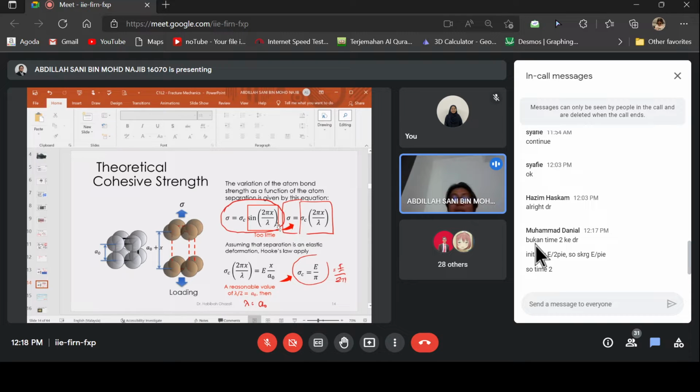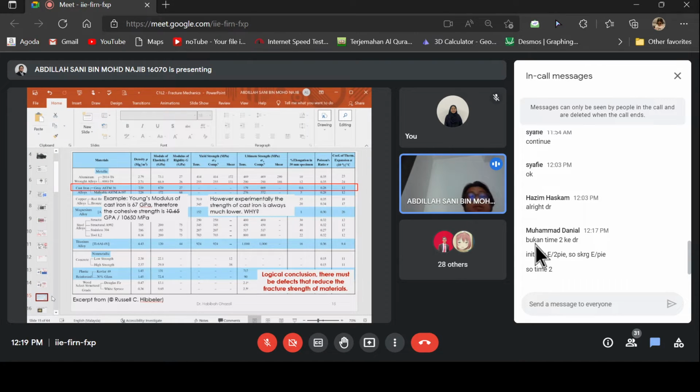I was thinking this one again, so just divide by pi. So you times 2. So it's around 20 gig. Alright, so around 20 gigapascal.